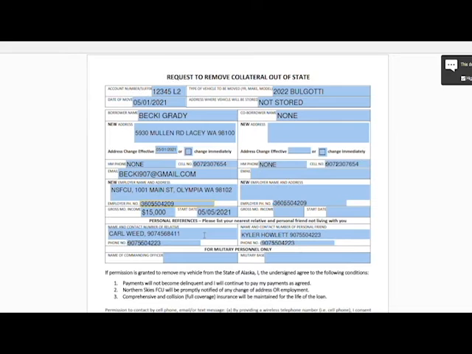Okay. So now we have some contact information. Again, this is so if Northern Skies needs to reach this member about this vehicle, we have some additional information. If I were in the military, we need to know what is the name of my new commanding officer.